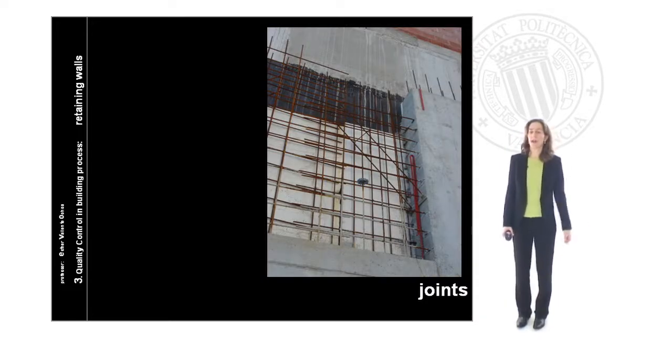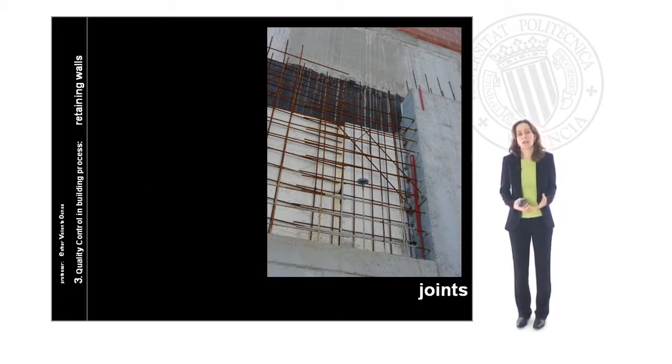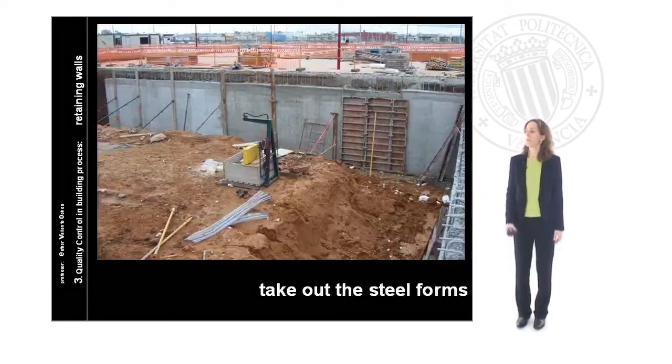Joints, in other cases, have a hydroexpansive profile, like a line that expands in contact with water. This line gives us the warranty of a very waterproof and very safe area inside our wall.